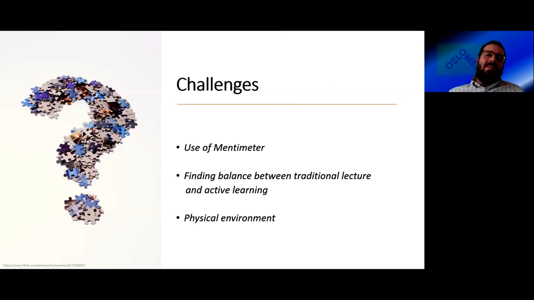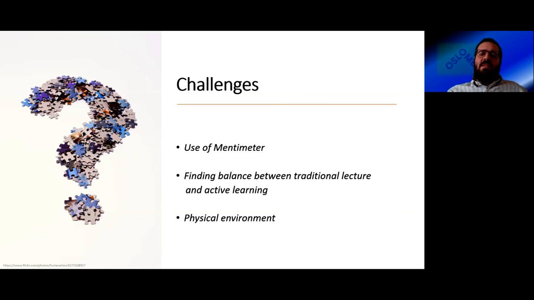Another problem is, of course, finding the right balance between traditional lecture and active learning, according also to what the students experience, because some of them might prefer more traditional undervisning, others might prefer more exercises. So it's difficult to find the balance. And another practical problem that we had is the physical environment, the room per se.